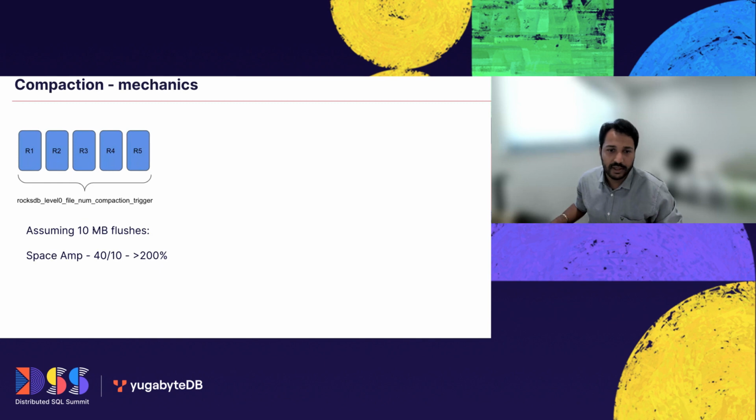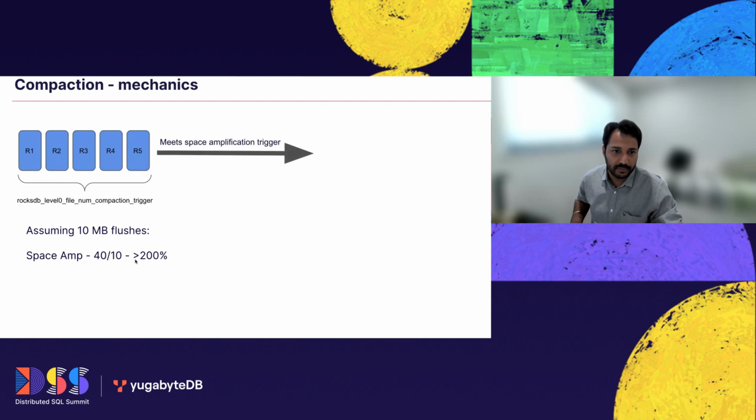Now, the first check that the system would do would be for space amplification. So this would be the sum of 4 files, which is 40, assuming they're all 10 MB each, divided by the last one, which is 10. This is definitely more than 200%. So this will trigger a compaction because it meets the space amplification trigger and gives you one big SST file, which is of 50 MB.